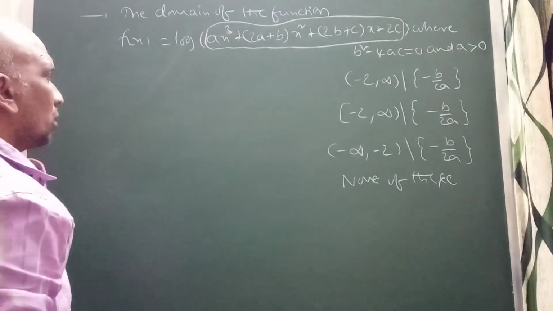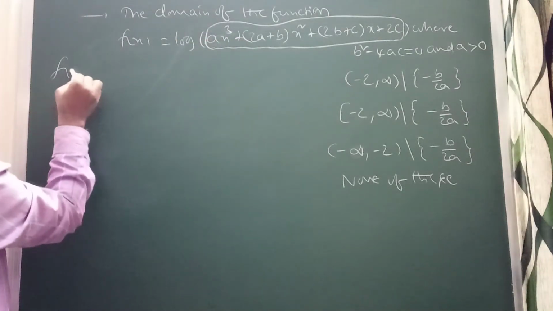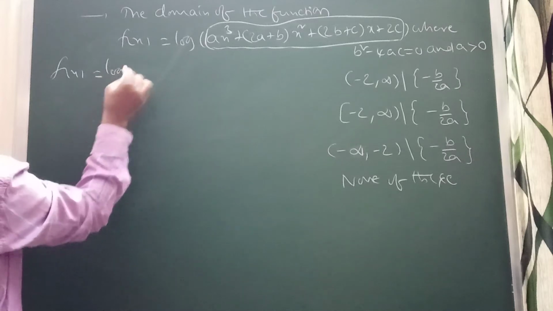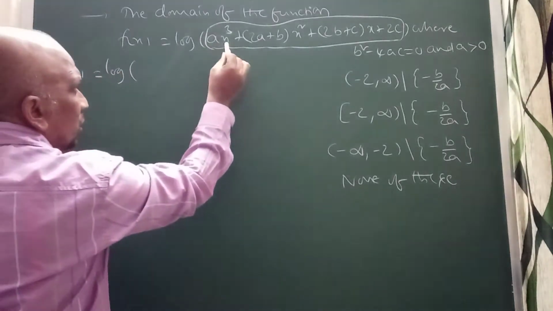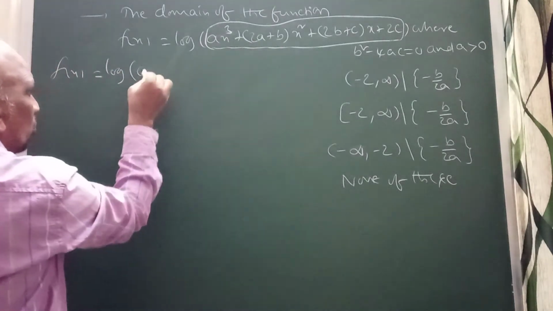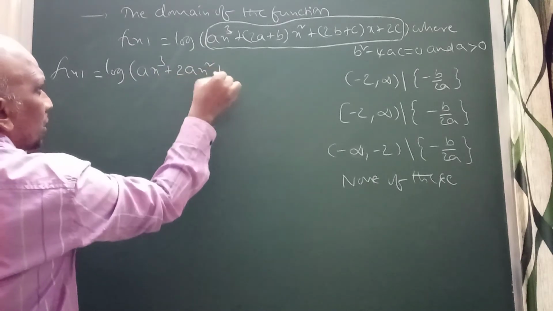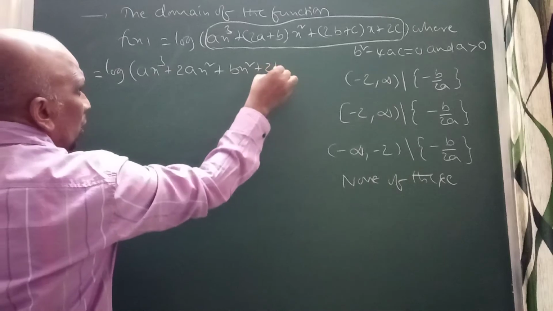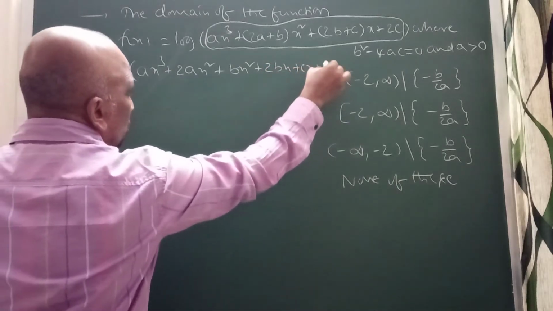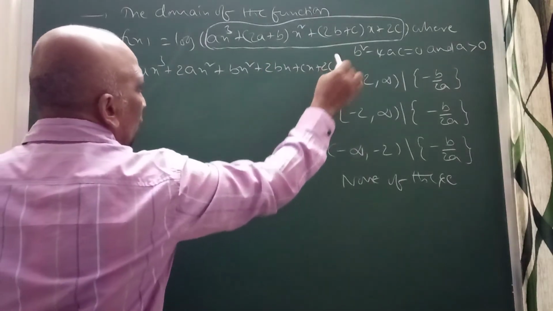First if I simplify this, you can see here I can write f of x is equal to log of this one, ax cube. If I expand this one, you can write ax cube, 2a x square, b x square, 2b x, c x plus 2c. Just expanded, right?